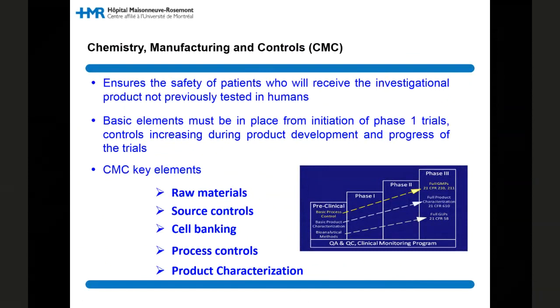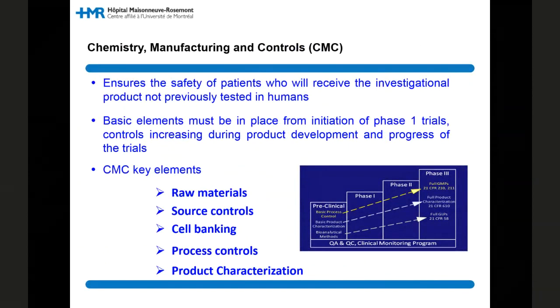As I mentioned previously, raw materials, source controls. If you're banking cells, what's the source of your cells? How are you expanding them? How are you banking them? You have stability, you have process controls, and do you have appropriate characterization?